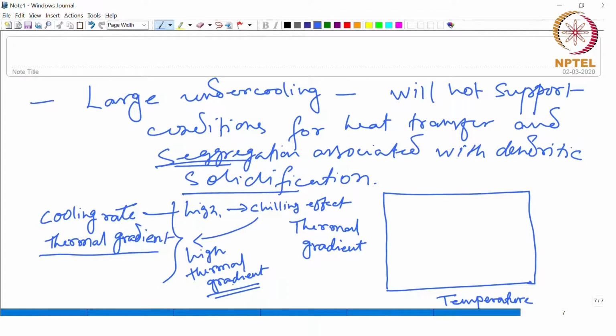Right, and you can expect to generate a microstructure which is equiaxed.